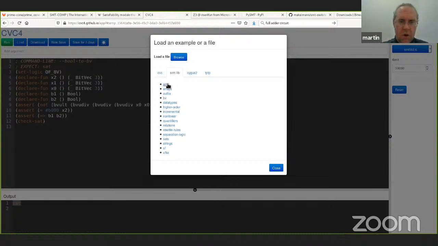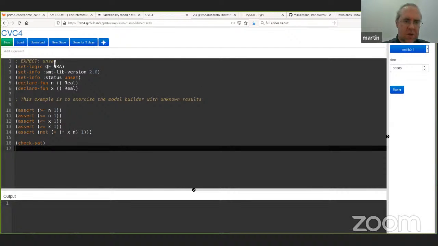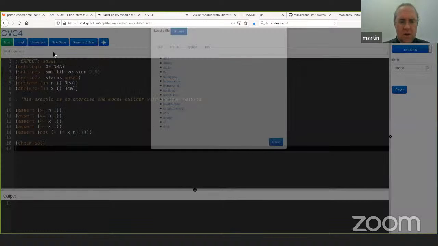So there's arithmetic, quantifier-free nonlinear real arithmetic: 2 variables, a bunch of assertions, check-sat, load.